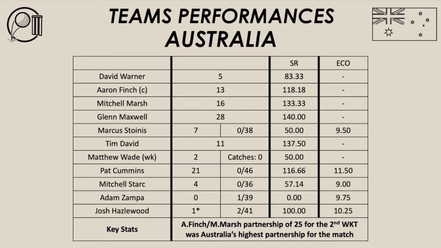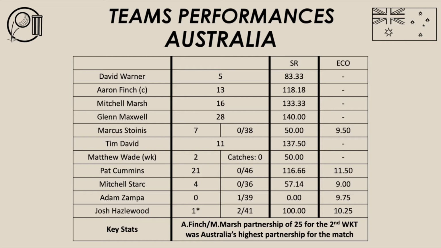And no one really stuck at it and negotiated the bowling from New Zealand. And they just crumbled under the pressure, really. We see it time and time again from Australia: batting collapses. In the lead up to this T20 World Cup, in the series that they played against India, the West Indies and England before this tournament started, they've had a problem with batting collapses, and they've lost wickets in clumps.